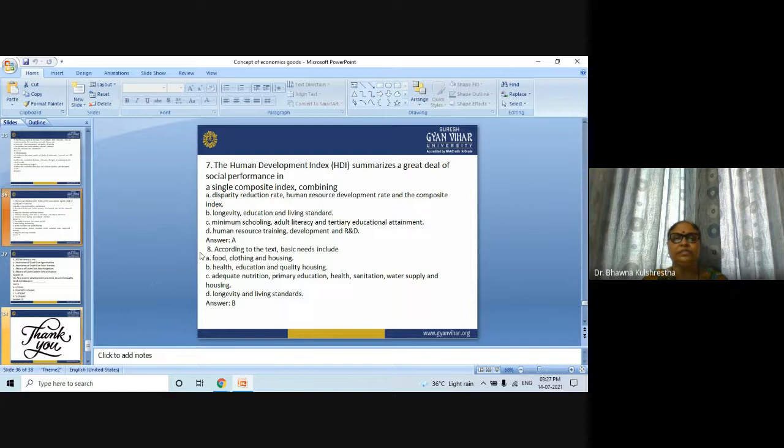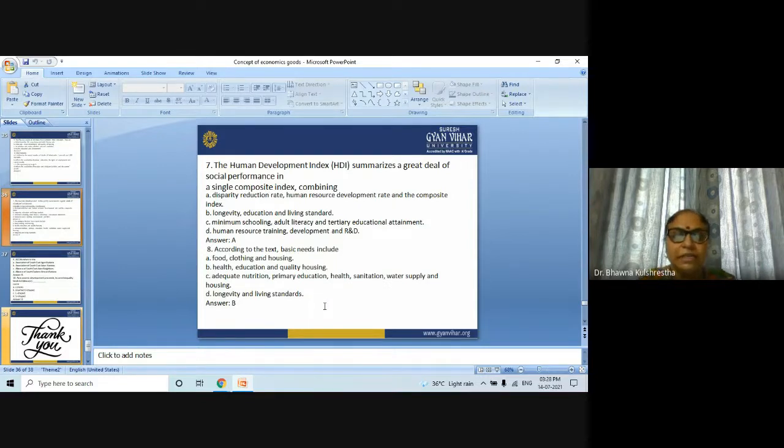And next question, according to the text, basic needs include food, clothing, and housing; health, education, and quality housing; adequate nutrition, primary education, health, sanitation, water supply, and housing; and the last option, longevity and living standards.